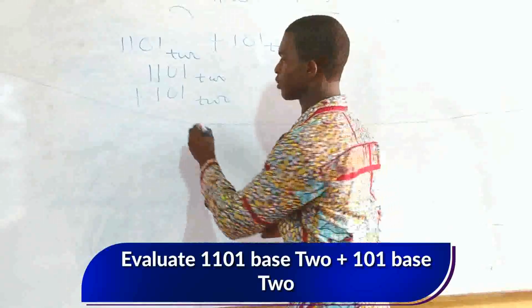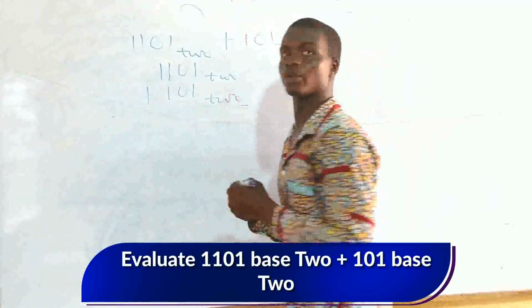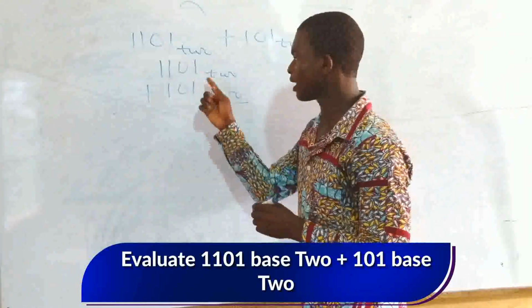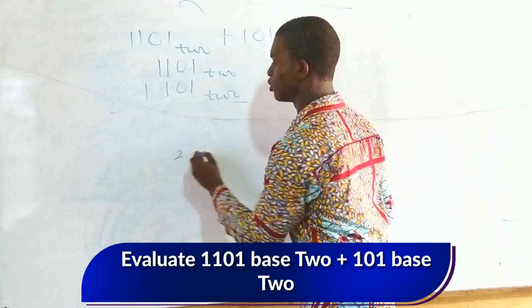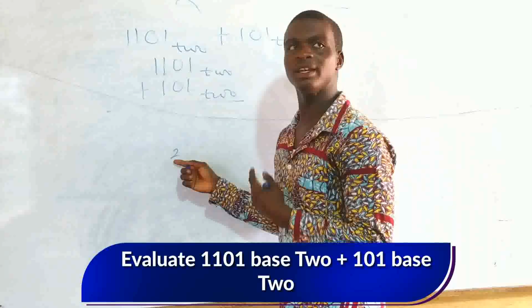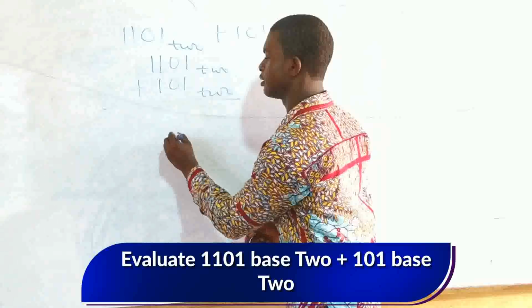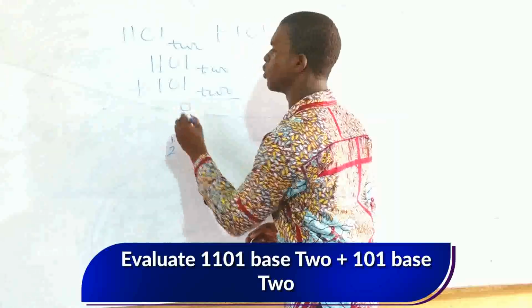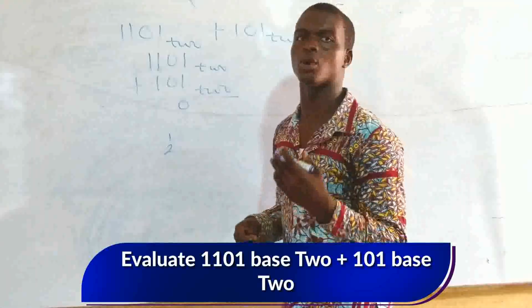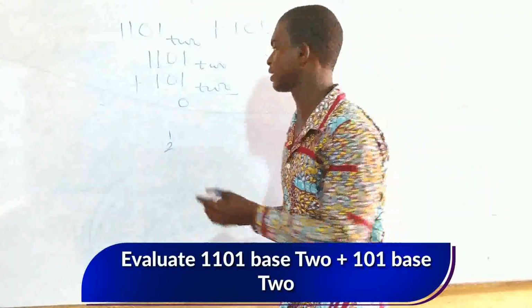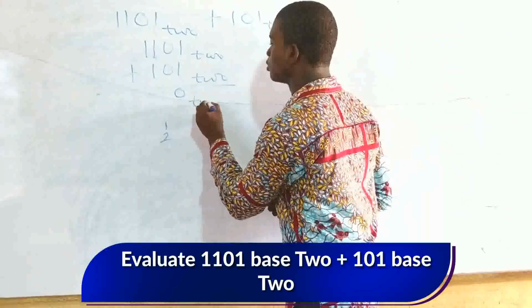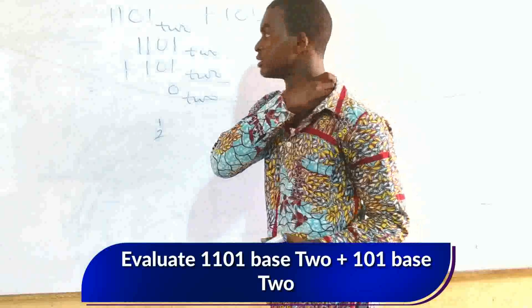And so with this, if you are going to add, we do it this way. 1 plus 1 gives us 2. We look at how many times 2, that's the base, goes into 2. It goes into it 1, leaving you a remainder of 0. Over here we are concerned with the remainder because the remainder is what we take as the answer. So it is going to be in base 2.